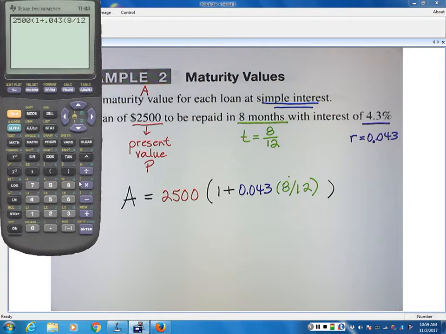Always put your time, if it's in months or in days or something like that, in parentheses. Fractions always go in parentheses. So that should correspond to our formula from the previous page.